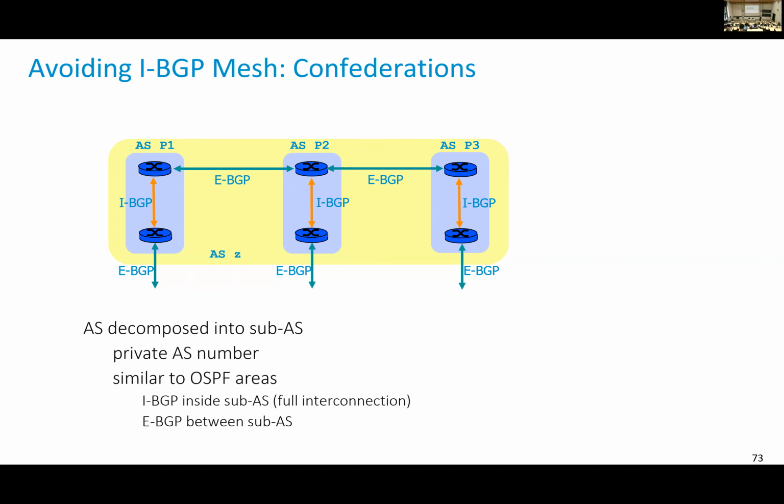But that solves, or mitigates, the scalability problem, because now each subdomain is smaller here. This is possible because we have the concept of private AS number, just like we have private IP addresses. If I do this, I need to be able to identify my 3 subdomains, so we'll give them private AS numbers, which of course are translated when we speak to the outside.